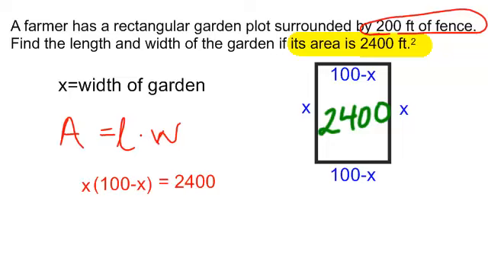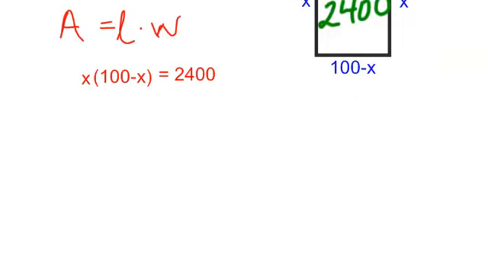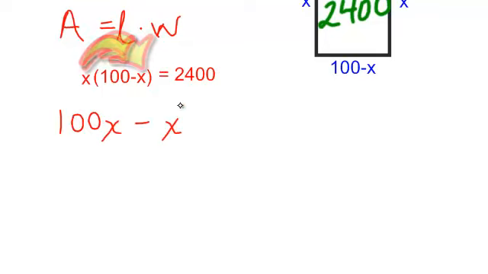We've done the hard part. Now we just need to do a little math. So let's get started. Let's start with the distributive property, and I will have 100x minus x squared. That was the distributive property, is equal to 2,400.